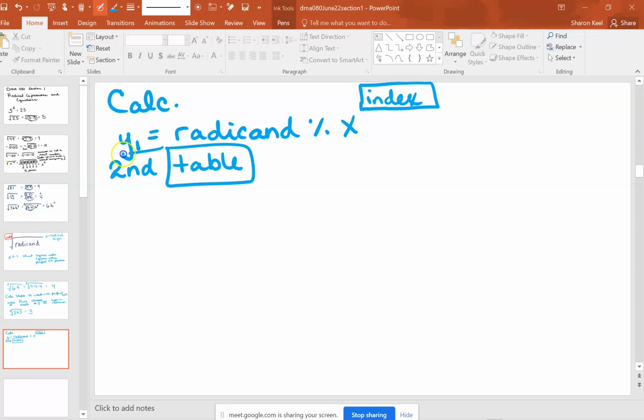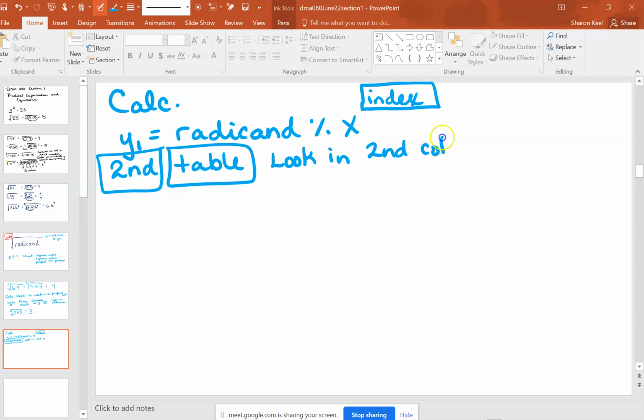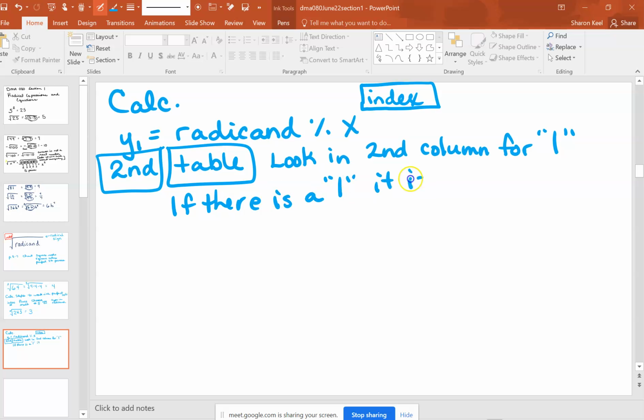We are going to look in the second column for a 1. If there is a 1, it is a perfect root.